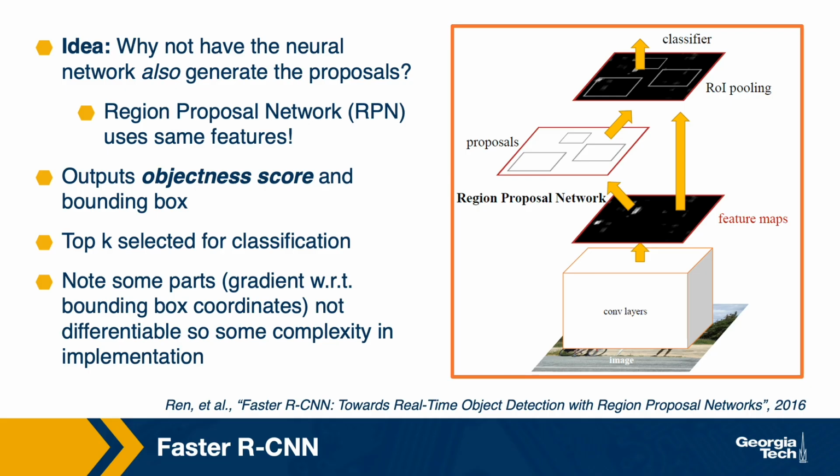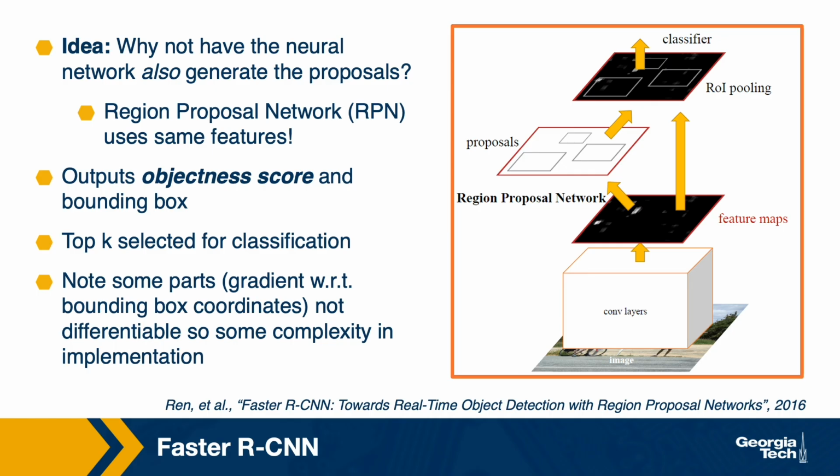And so what we can do is have the region proposal network essentially regress from the features to a set of bounding boxes, and then we can select the top k of them, that is with the highest probability of having some object in them. And then do what we did before. That is, for each region, perform ROI pooling on the same features, and then essentially perform classification and regression again.